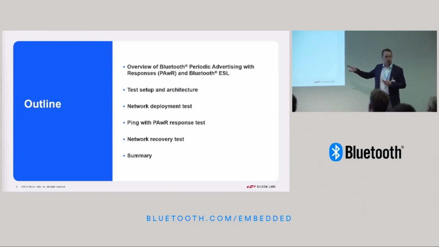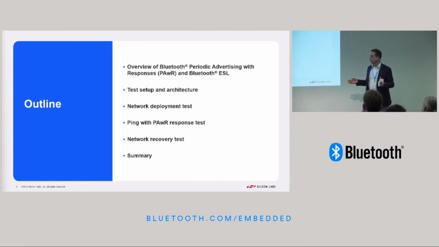I will look at that because it's related to the testing that we did. Then I will go through the test architecture, what we have done and what the setup is, and then the 3 key tests that define the network performance, and then I summarize at the end.